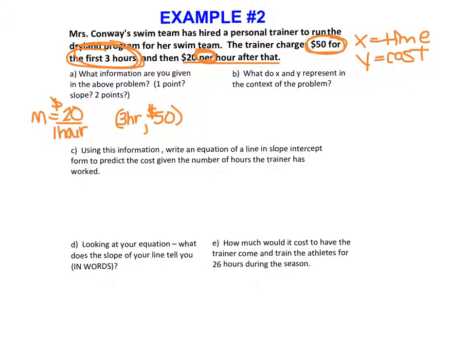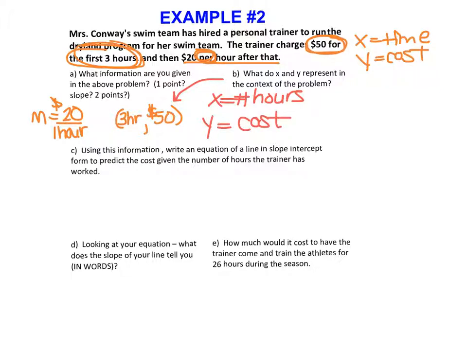Now the next part here says, what do x and y represent in the context of the problem? Well, I'm going to look right at my points here. X is essentially the number of hours of dryland that the swimmers have, and y is my total cost.